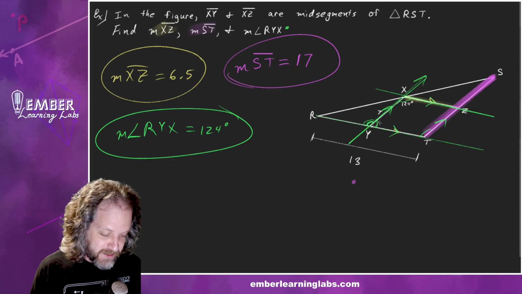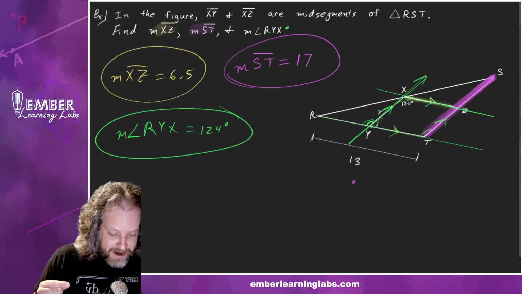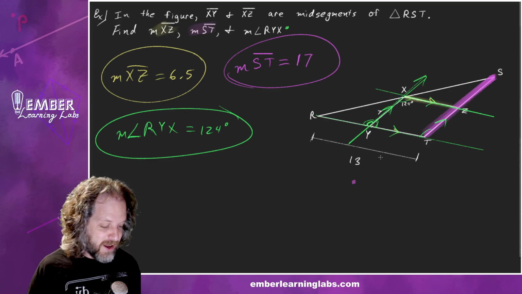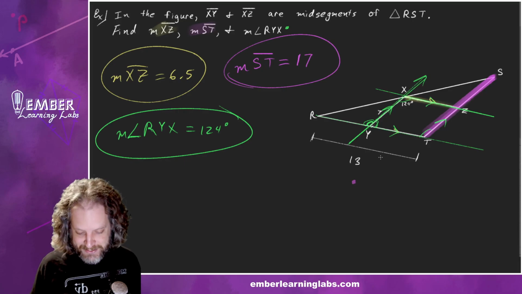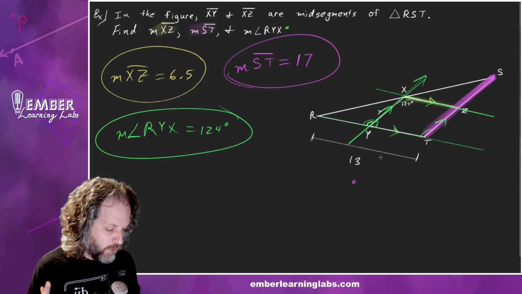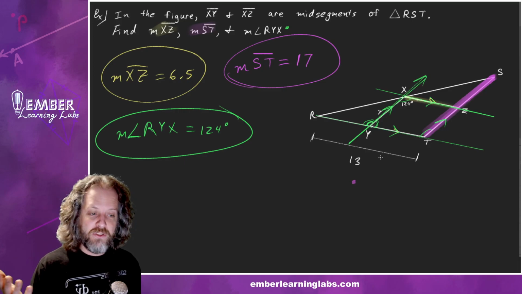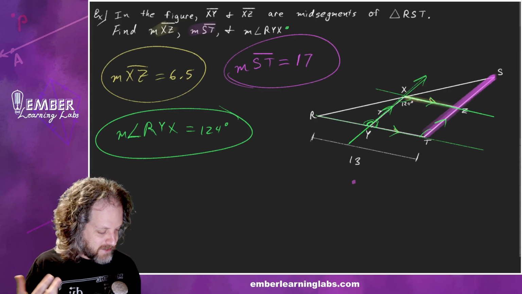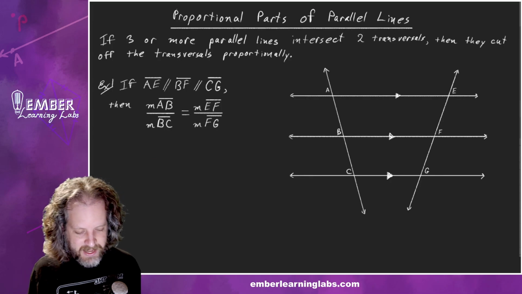And then these are linear pairs, so 180 minus 56 is 124. So all of those different ways, 124 is the answer. But the cool thing is all the ways you can get there, and how all these different pieces connect. It's fun. It's good. It's great.